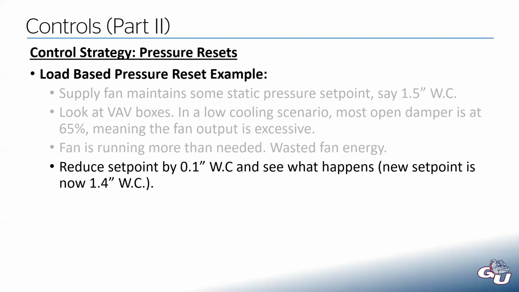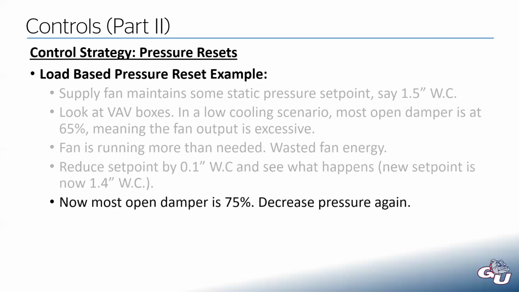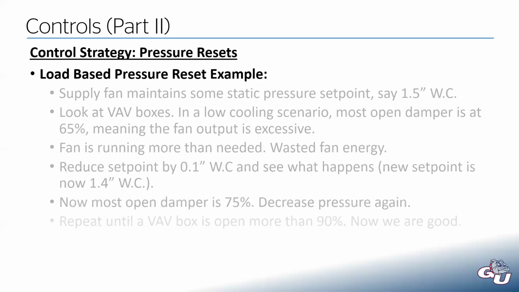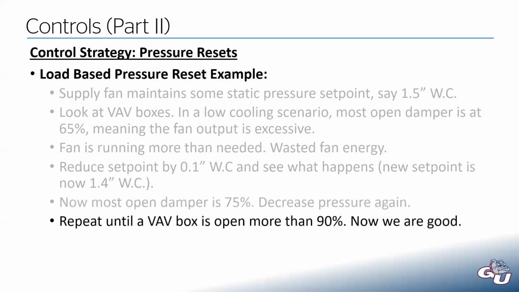Our set point's now 1.4. So our most open damper, 75%. We can decrease it again to 1.3 inches, and we just keep doing that until our worst case box is open more than 90%. And now we're good. Hold right there until possibly the inverse happens, or maybe we can keep decreasing later in the day.